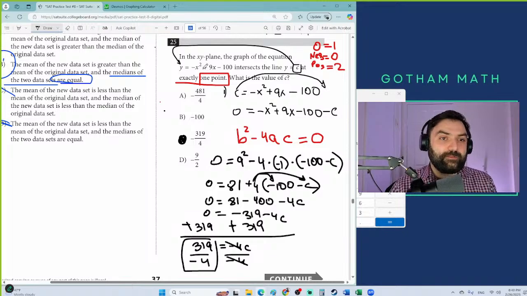So the only difference in this type of question is what would you equal it to? Like b squared minus 4ac, you would either write like this.